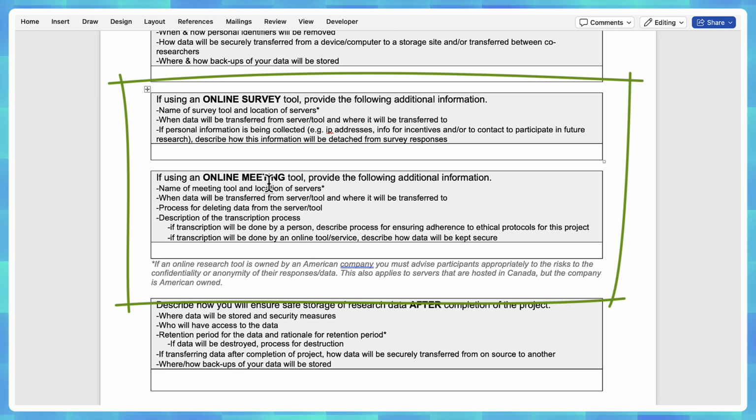With both online survey tools and meeting tools, you at some point will likely be taking the data from that tool and putting it on your own device or digital space. So we want you to articulate the process for that transfer, getting it off of the tool's server and into another location, and where it will be located.